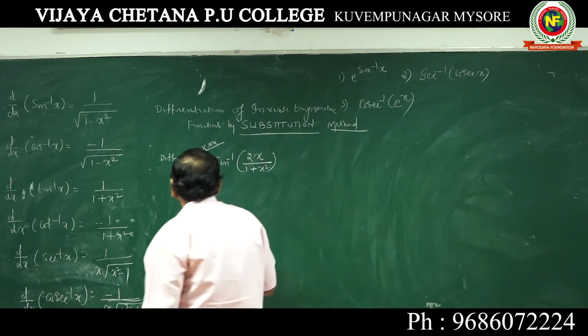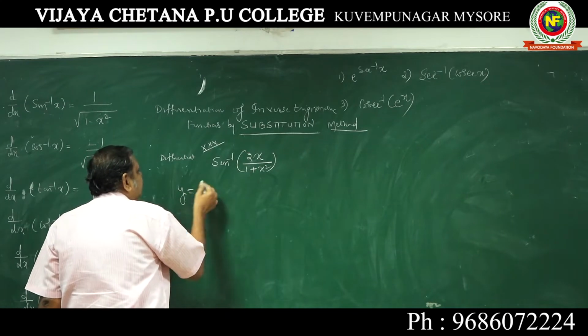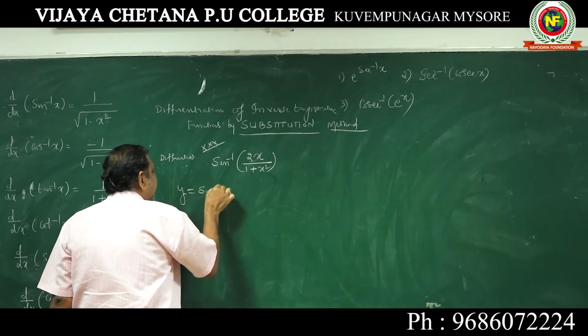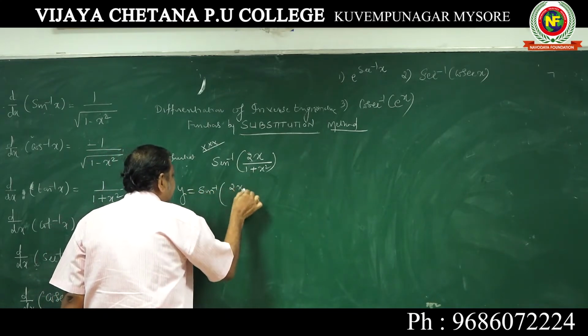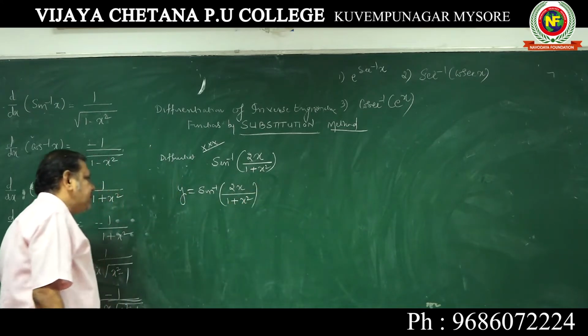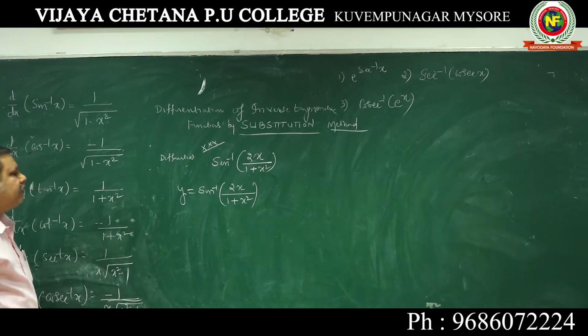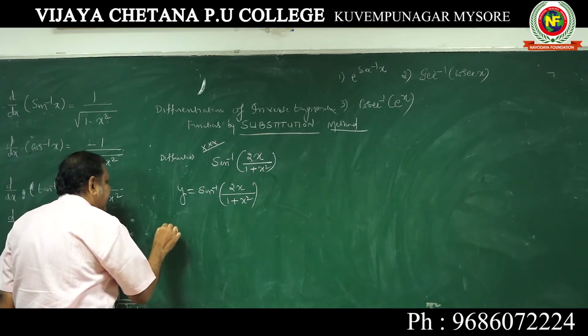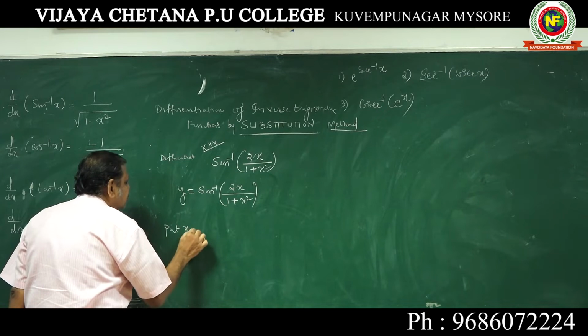Now, let y is equal to sin inverse 2x by 1 plus x square. For 3 marks, take it. I told you just now, put x equal to tan theta. You should not differentiate directly.